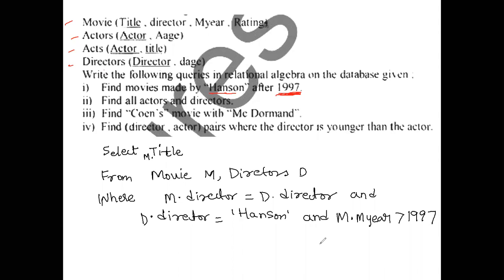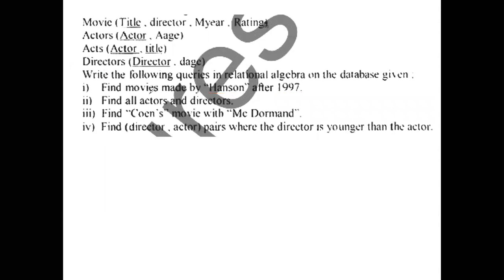So next, let us move on to the next query. The second one, find all actors and directors. So all actors we need and all directors we need. So the name. We can find the solution to this query in two ways. That is how we want the result: whether we want the result in a single column where it contains both actor and director, or we want the result in two columns, actor and director.